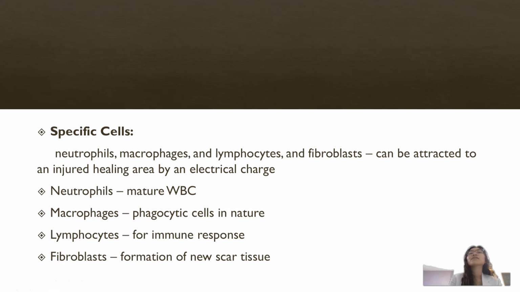Macrophages, phagocytic cells in nature. Lymphocytes, this is for your immune process. And then fibroblasts, this is for the formation of your new scar tissue. So all of them can be attracted to an injured healing area by an electrical charge. So, itong mga to, specific cells na to, we need them in order to accelerate the wound healing.